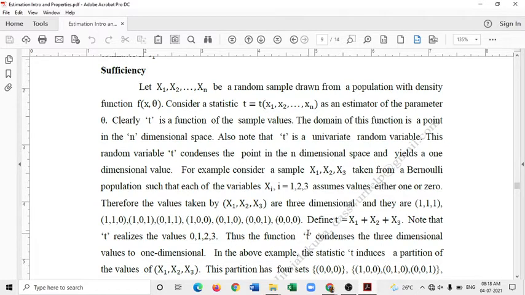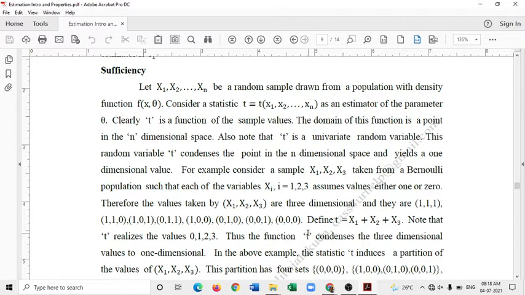The first compartment is 0, 0, 0, that is for the value of the statistic t equals 0. The next compartment is 0, 0, 1; 0, 1, 0; 1, 0, 0, that is for the value t equals 1. Likewise, the total values taken by x1, x2, x3 have been partitioned into certain compartments.